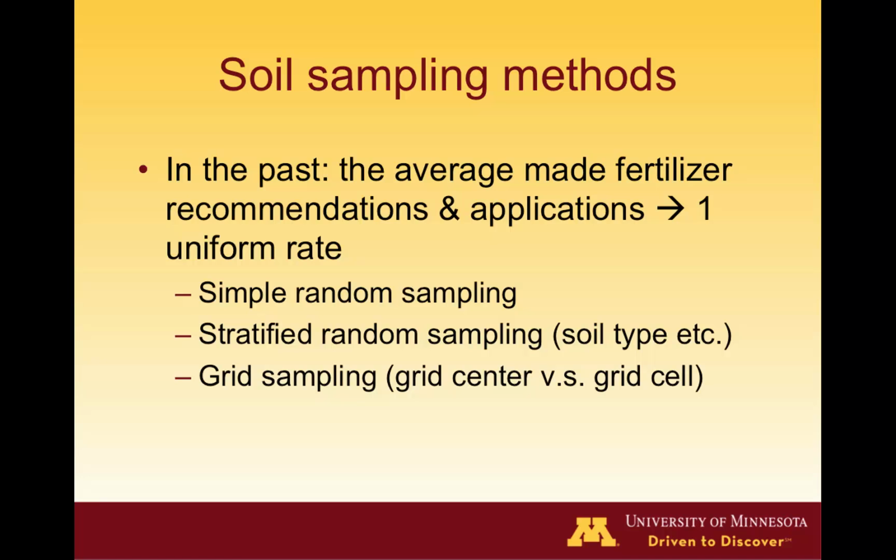So we come up with different soil sampling methods that meet the grower's requirements and best describe the spatial variability in the field. Some methods are simple random sampling, stratified random sampling, and grid sampling.